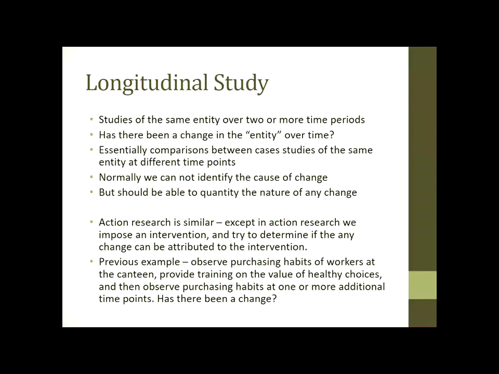As I said, action research is similar to a longitudinal study, except rather than just observe what happens in that case, we would do some intervention, and we would observe the change that occurs from that. Often we think about action research in terms of human and social science, but action research is also done in a lot of other fields, but it doesn't actually have that name.